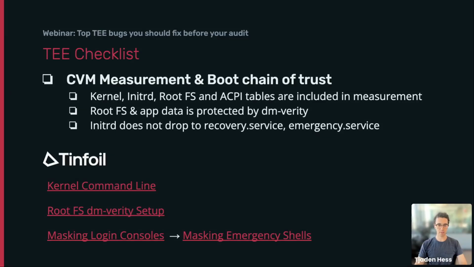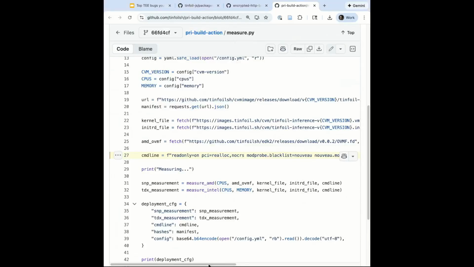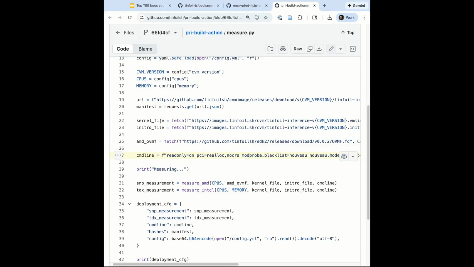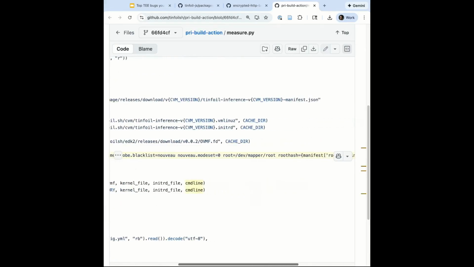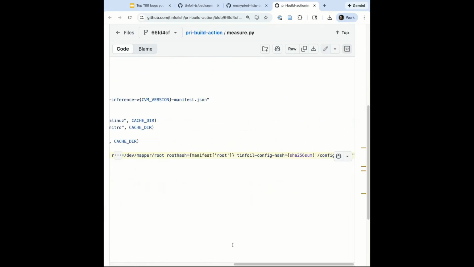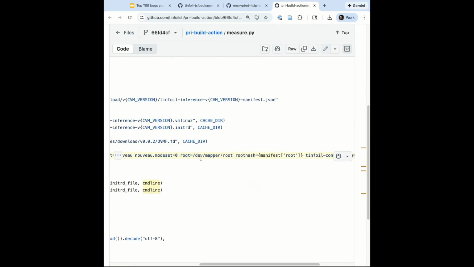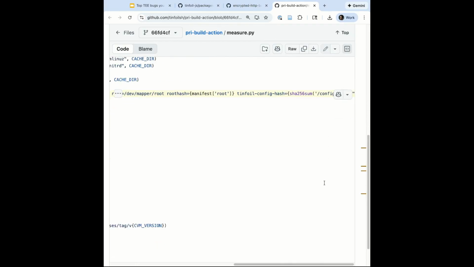And then if you include in that code that runs at boot hashes of your kernel, your initRD, and your kernel command line, then you know all of the code that is booting as your operating system comes up. Because the kernel command line is included in that initial measurement, you can put things in it like hashes of your root file system and any sort of static configuration data.